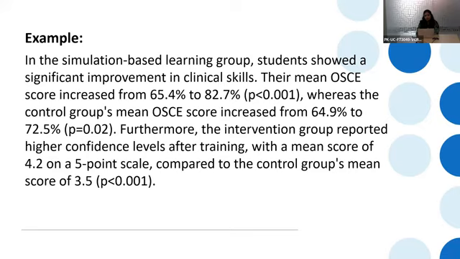Again, the p-value is given. Furthermore, the intervention group reported higher confidence levels after training, with a mean score of 4.2 on a 5-point scale compared to the control group's mean score of 3.5. And again, we have given the p-value. So p-values, confidence intervals, any other estimates you can mention here.